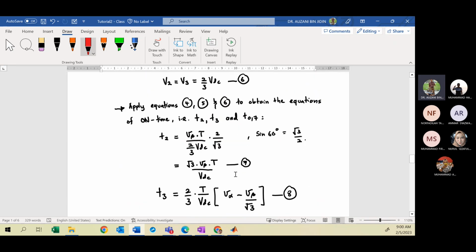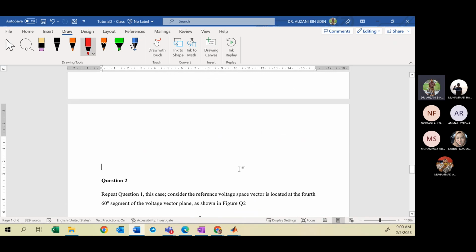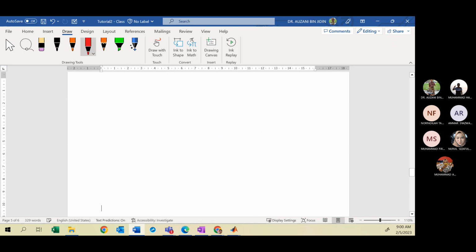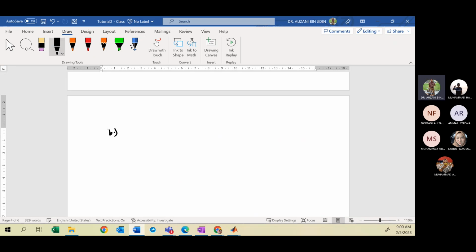Okay, this is part B. For part B, to calculate the on times, firstly you have to calculate V alpha and V beta. So where your V alpha is what?